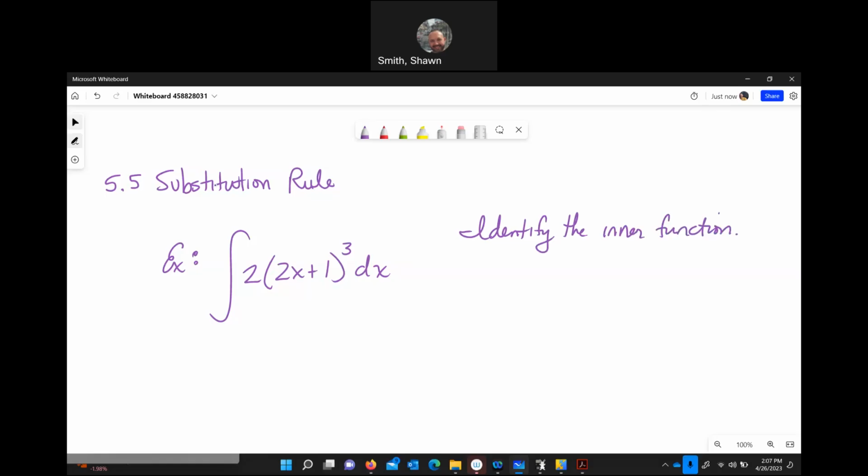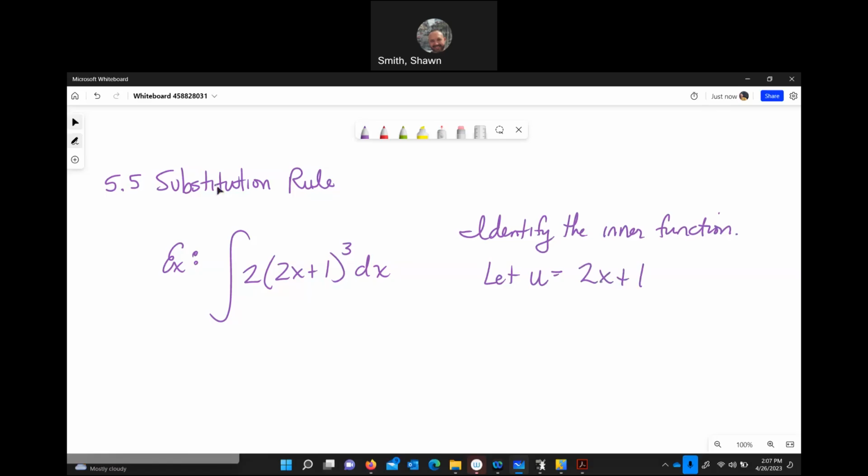Think of order of operations. Go into parentheses. That's typically the case, right? So the 2x plus 1 is going to be our inner function. So we're going to let u, substitution, you can really let any variable you want, but in calculus or any kind of math, u is always the best variable for substitution for some reason. It's just going to be 2x plus 1.